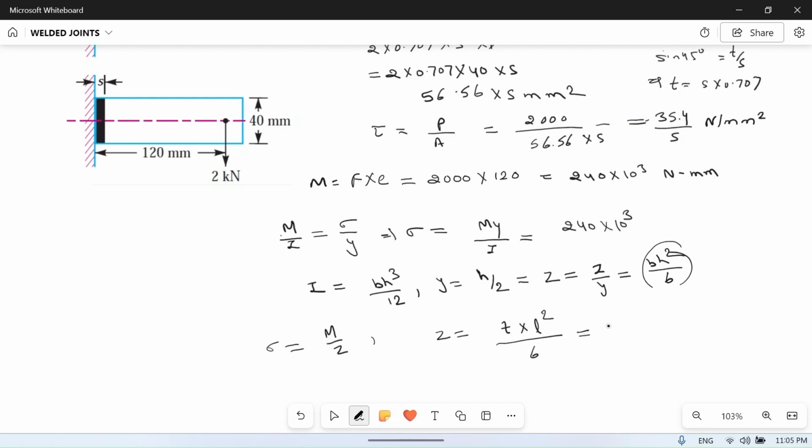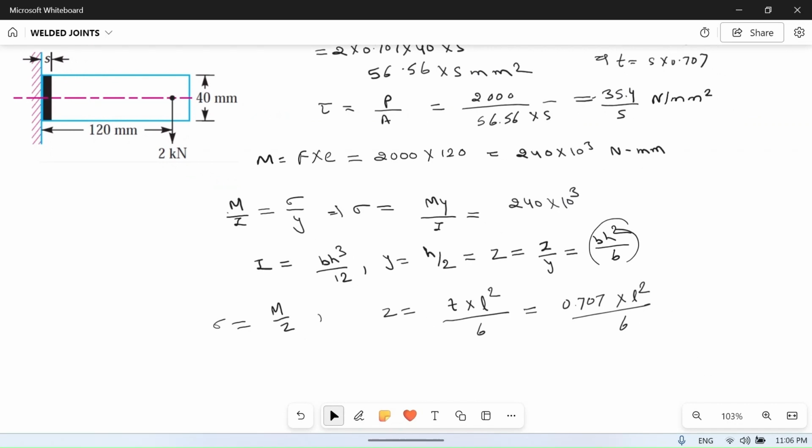Now T is equal to 0.707 into S, so Z will be equal to 0.707 into S into L square by 6. So it will be equal to 0.707 into L, which is 40, square by 6.